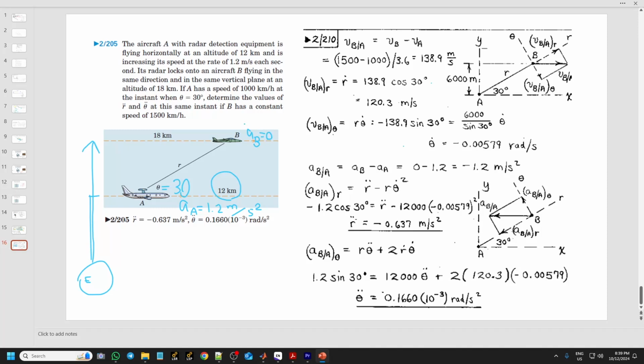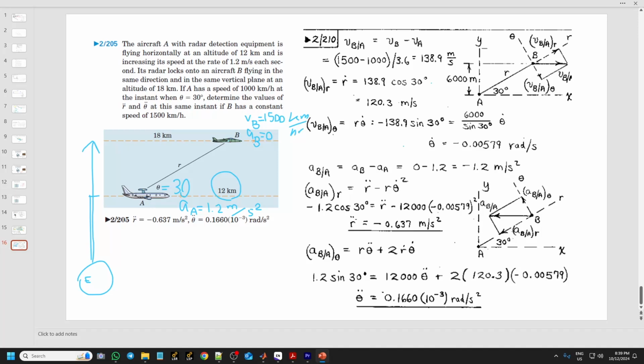We know that VB, the velocity of B, is 1500 kilometer per hour. Okay, so remember, we have VB and VA.